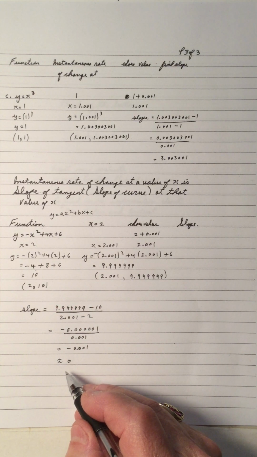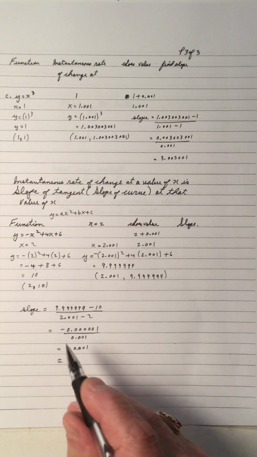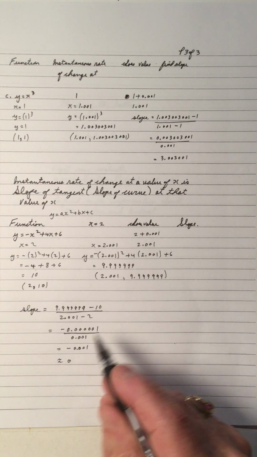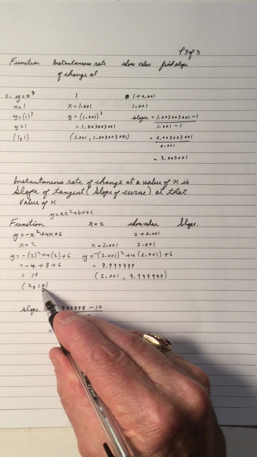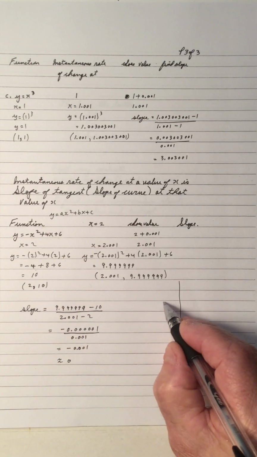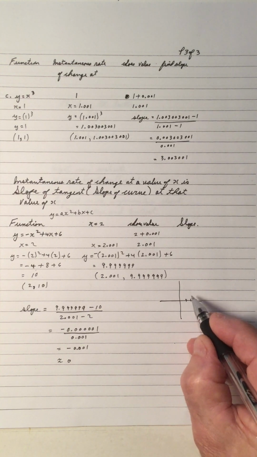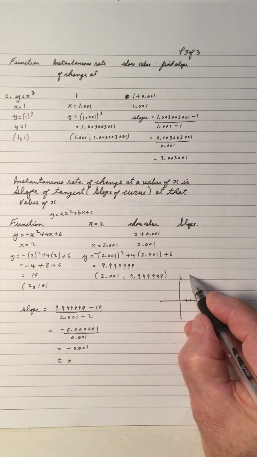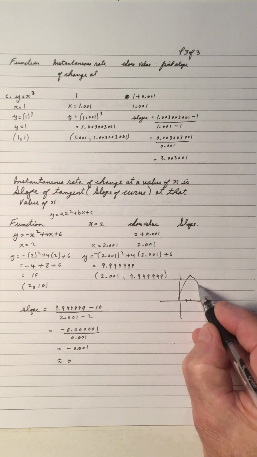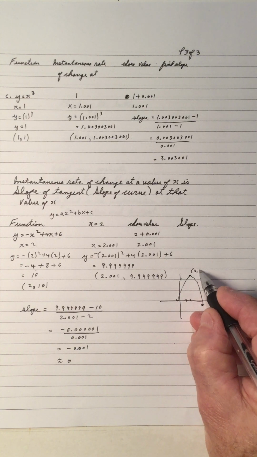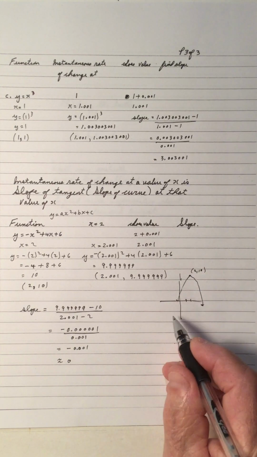And if the instantaneous rate of change is the slope of the tangent, and the slope of the tangent is 0, that means this point, (2, 10), must be, if you think about it, here. Because this is negative, going down like this, that means the point (2, 10) must be the vertex.